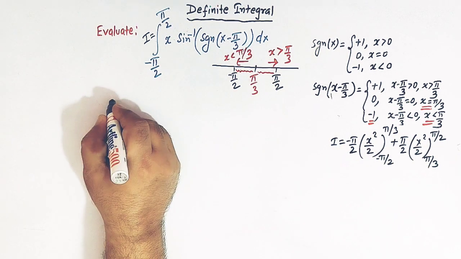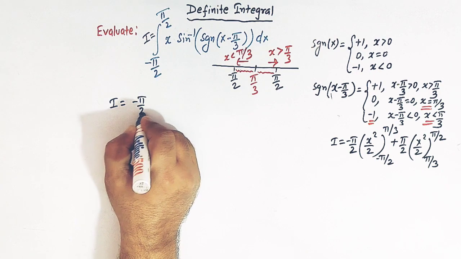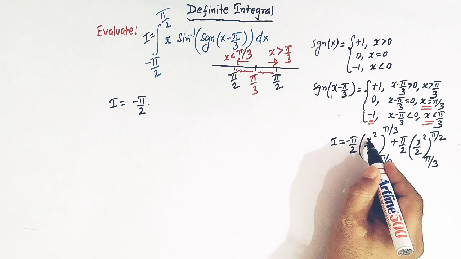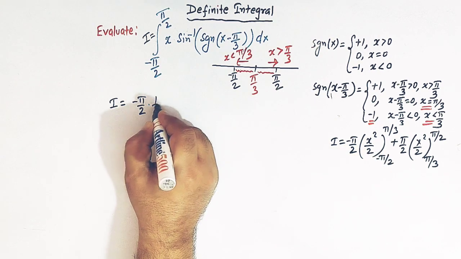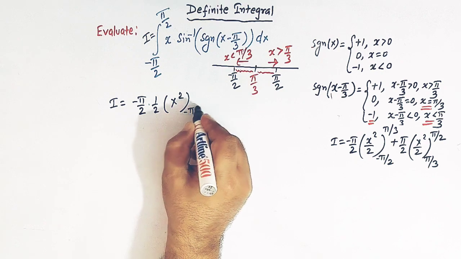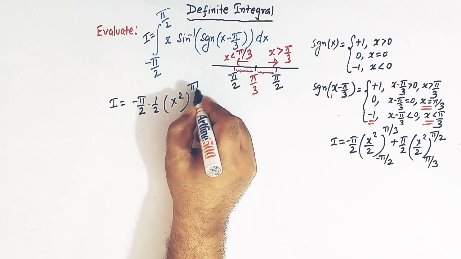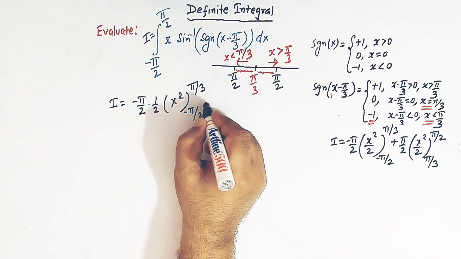So now we can write I is equal to minus pi by 2, and here we have 1 over 2, that is x square over 2. So we can take half outside, and x square limits are from minus pi by 2 to pi by 3, and here again we can take this half outside.